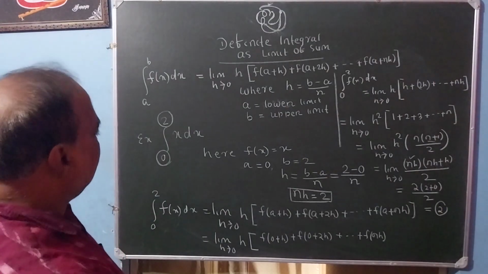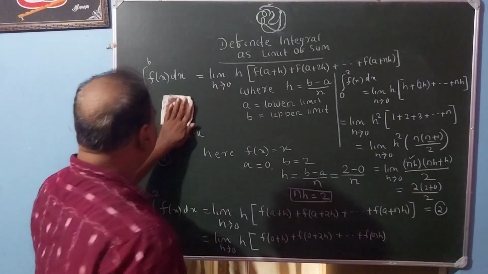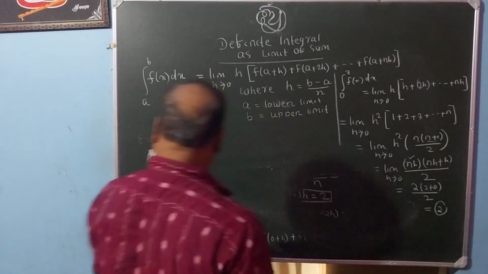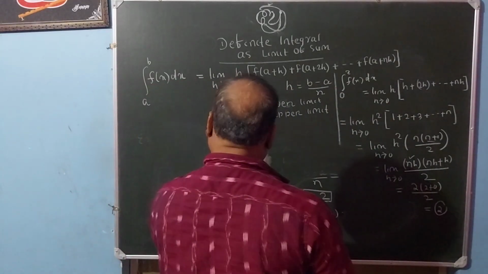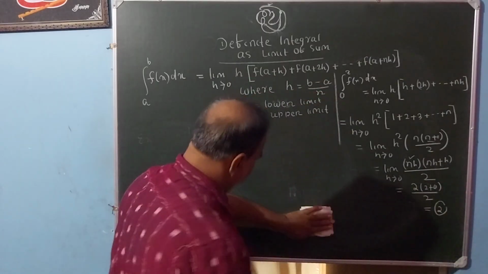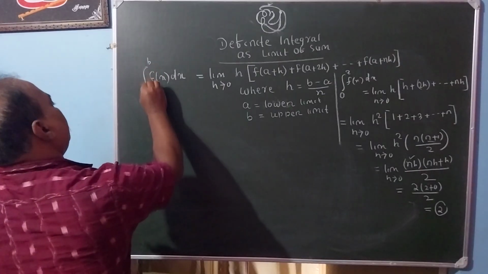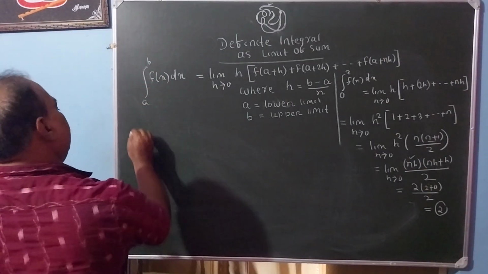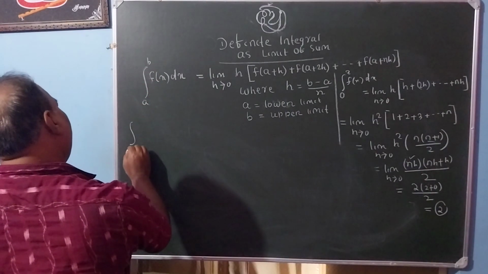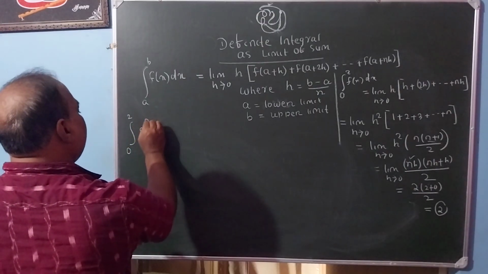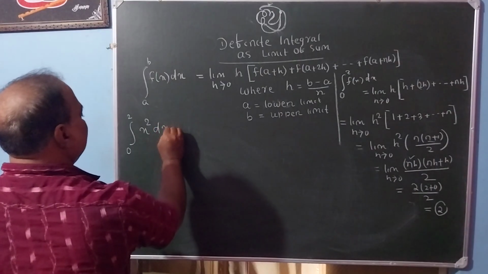So write down another question. Another question you have to write down: integration of 0 to 2, here it is x square dx.